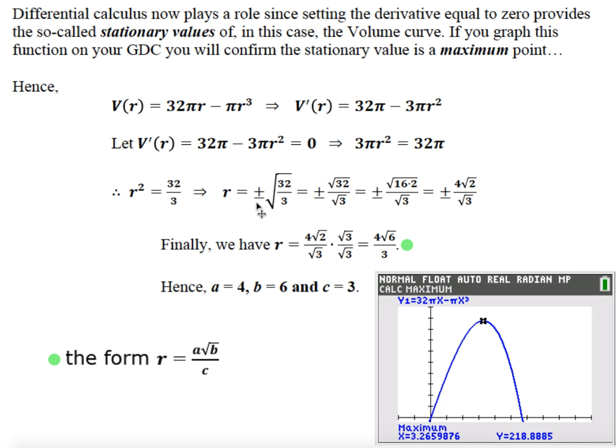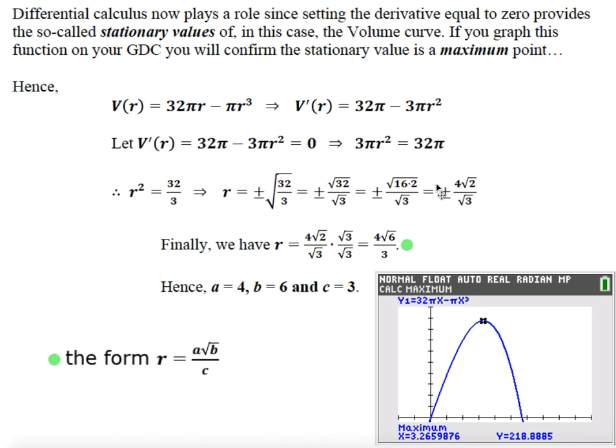Take the square root of both sides. Notice the plus minus concept here, which you always should consider. But of course, radius in this context will only be positive, so eventually we'll just be dropping the negative. All I've done is a little bit of sort of, again, grade 10 variety of forms, sort of messing with this form here. And of course, the factor of 32 is 16 times 2.